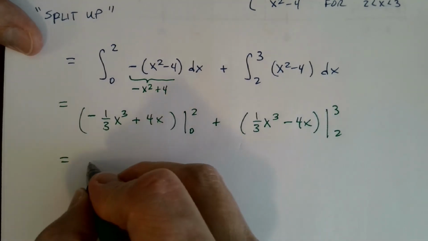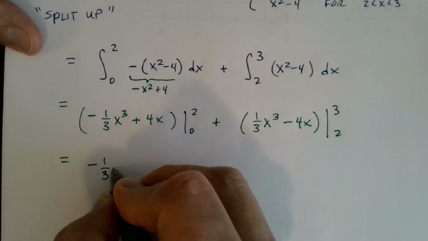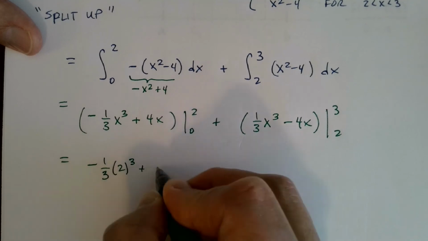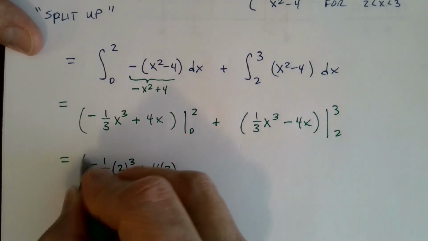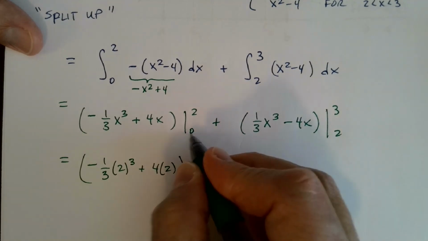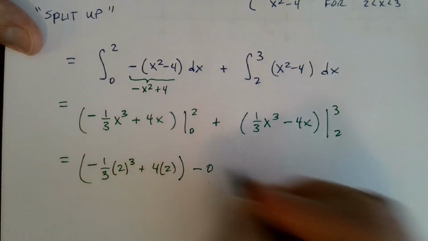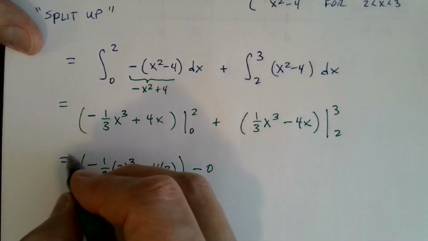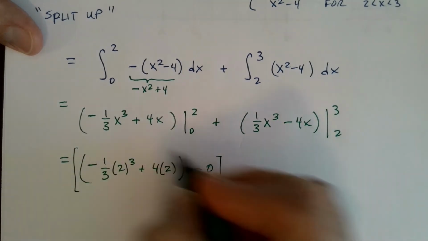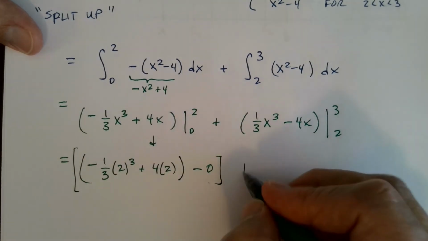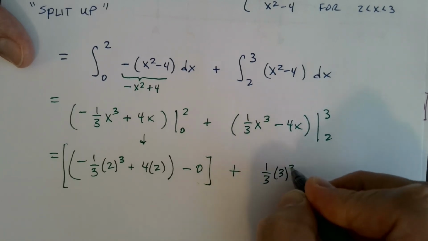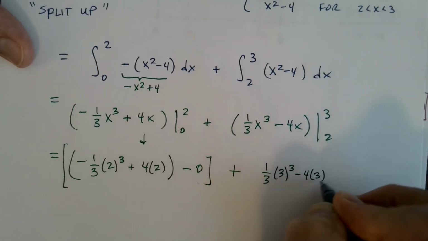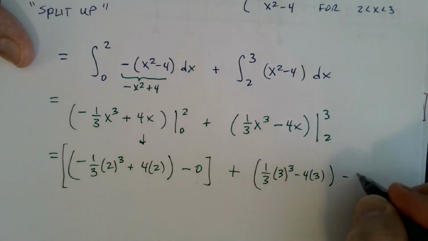Doing some plugging in, I get negative 1/3 times 2 cubed plus 4 times 2, minus, evaluate at 0, well that's 0, so this is going to be minus 0. Okay. That's this first one. And then plus this one, which would be 1/3 times 3 cubed minus 4 times 3, minus 1/3 times 2 cubed.